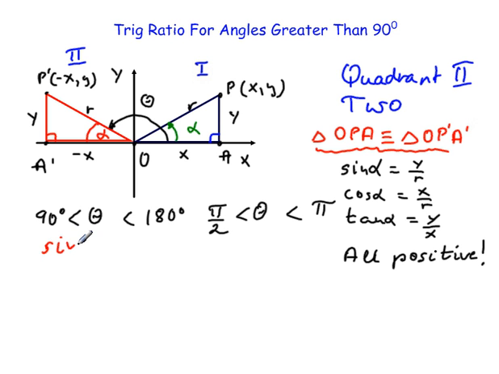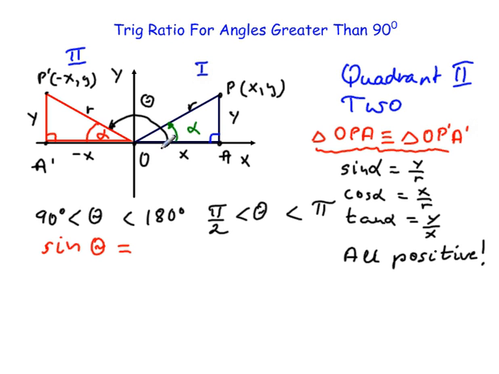Sine for angle theta. In order to find the ratio for angle theta, we will use this red triangle where angle alpha is called related angle, related to angle theta.